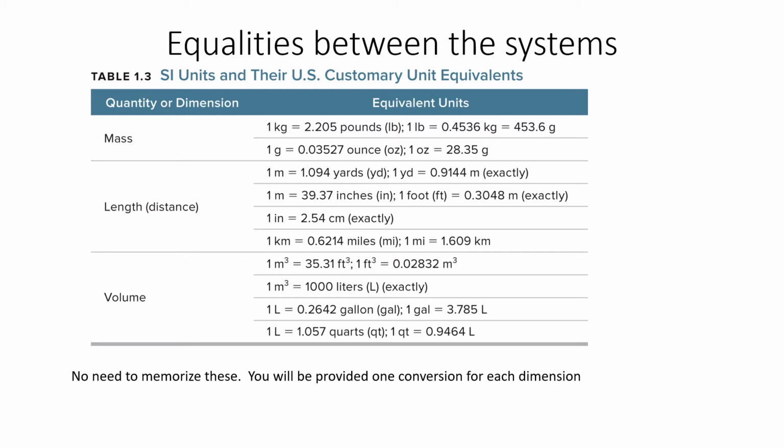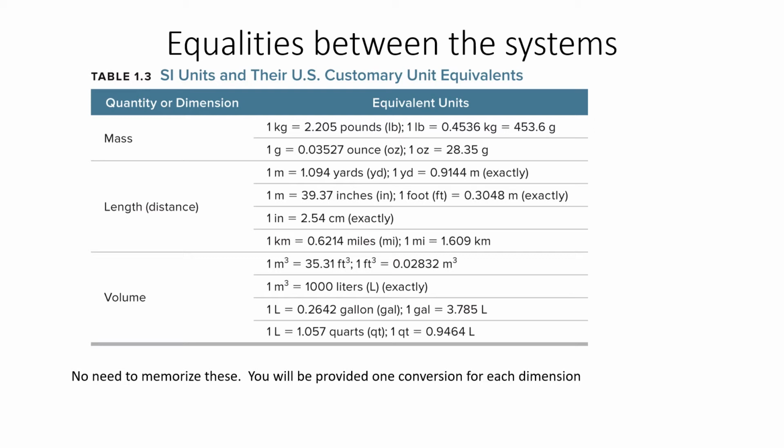What that means is, if we look at length, I listed a bunch of different metric and English conversions here. 1 meter, 1.094 yards, 1 yard, 0.914 meters, 1 meter, 39.37 inches, 1 inch, 2.54 centimeters, 1 kilometer, 0.6214 miles. I wouldn't give you all of these. I would give you one of these for each unit.